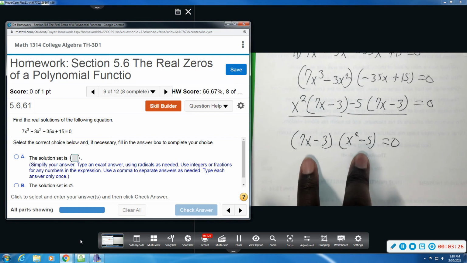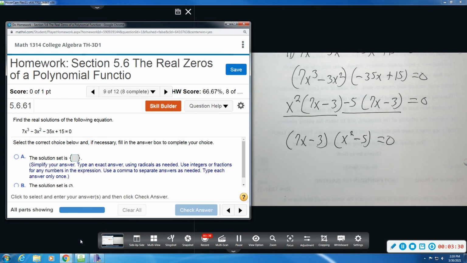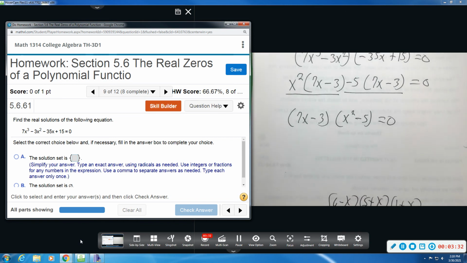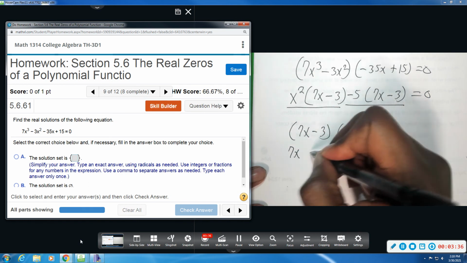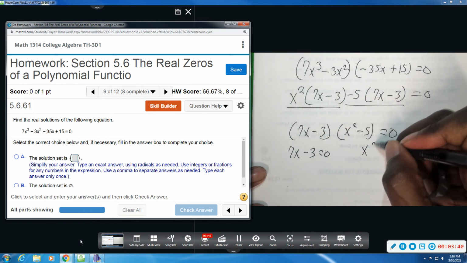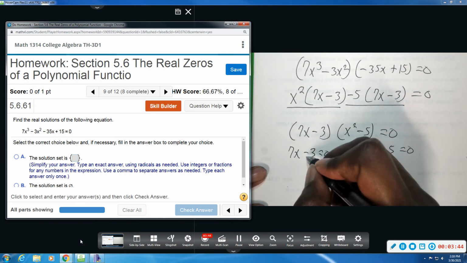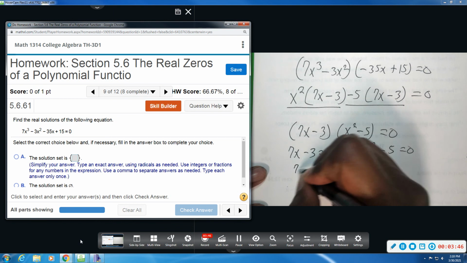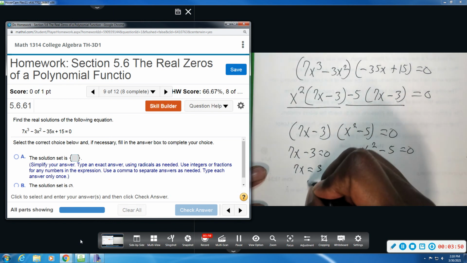It asks for the solution set. So that means we need to set them equal to 0 and solve for x. So I'm going to do 7x minus 3 equals 0 and x squared minus 5 equals 0. So we would add 3, divide by 7.